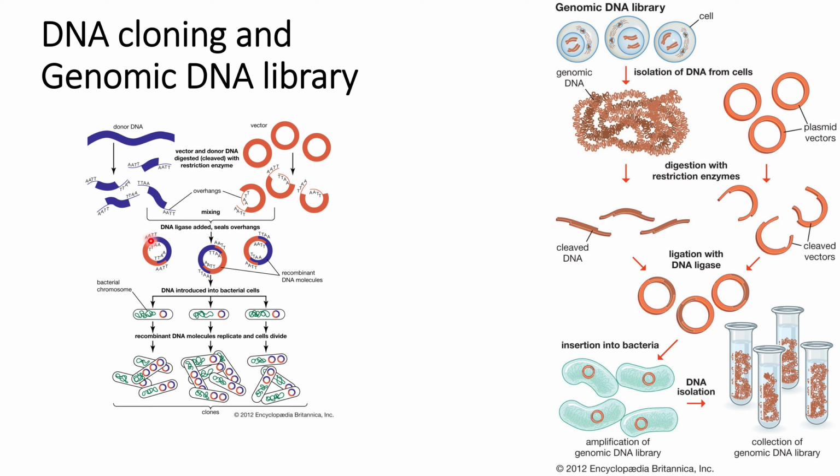The overhang nucleotides that are available in the donor DNA and the vector DNA are complementary to each other, as shown here. This A is complementary to T. So this TTAA is the overhang DNA of the vector, and AATT is the overhang DNA of the donor DNA.